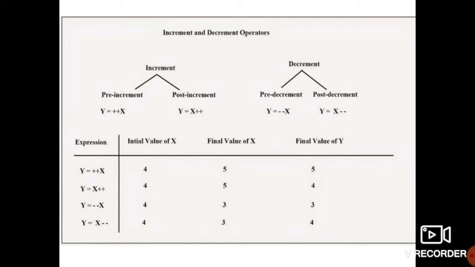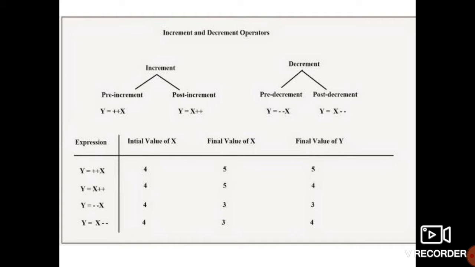Now pre means before and post means after. So pre will place the plus plus sign before the number and post will place the plus plus sign after the number. Similarly, pre-decrement will place the minus minus sign before the number and post-decrement will place the minus minus sign after the number.